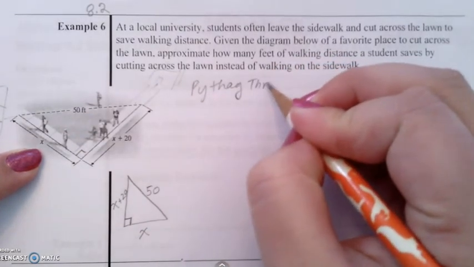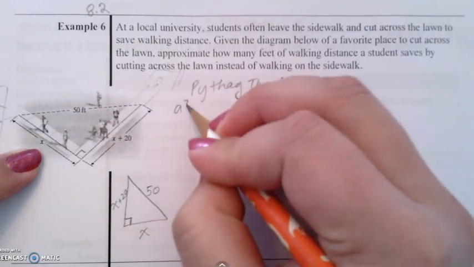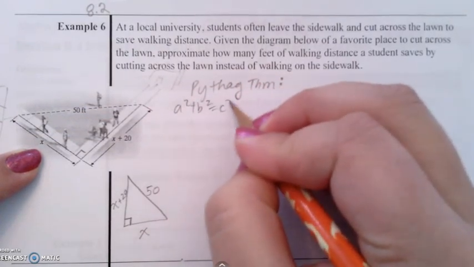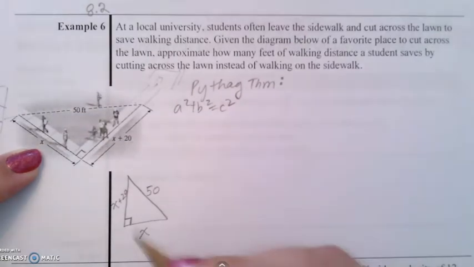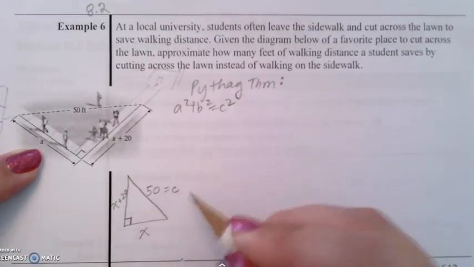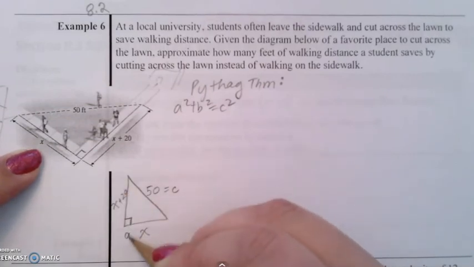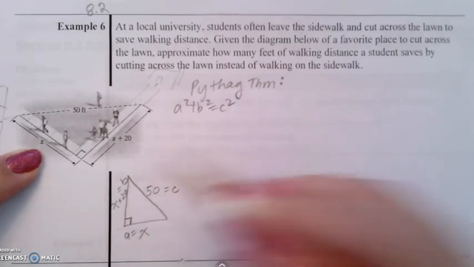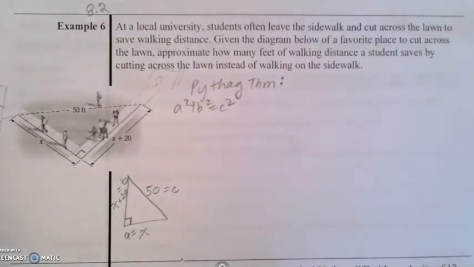And remember, the Pythagorean theorem states a squared plus b squared equals c squared, where c is the hypotenuse, the side that's across from our right angle. So 50 is our c. And then we have a and b, and it doesn't matter which one is a and which one is b. Those are just the two legs.